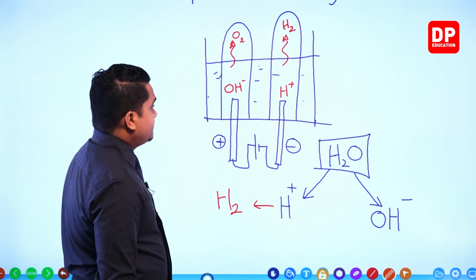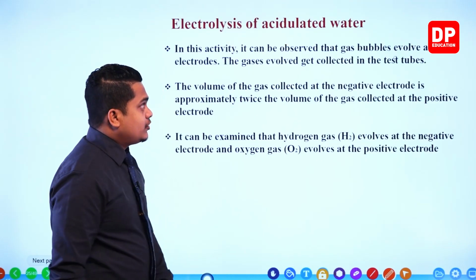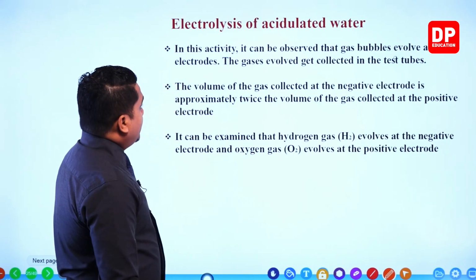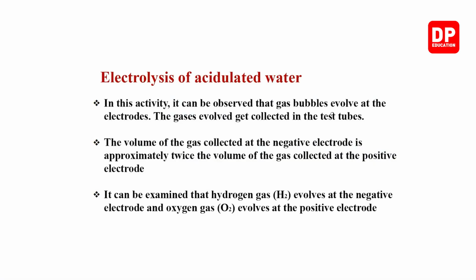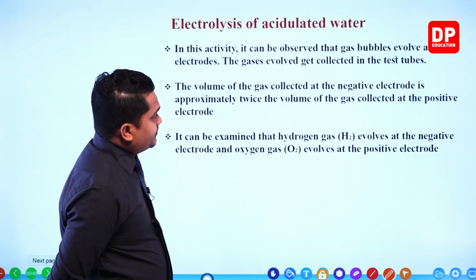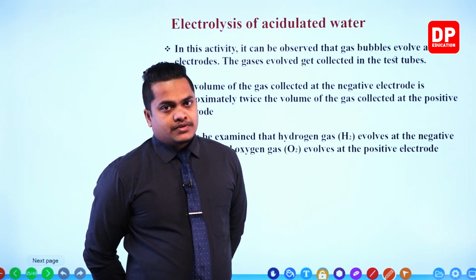So my dear children, now let's head on to see what are the other contents. Here you are given the explanation once more. In this activity, it can be observed that gas bubbles evolve at the electrodes. The gases evolved get collected in the test tubes. Here we use gas jars or boiling tubes.